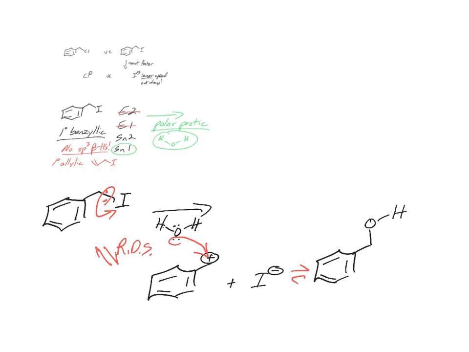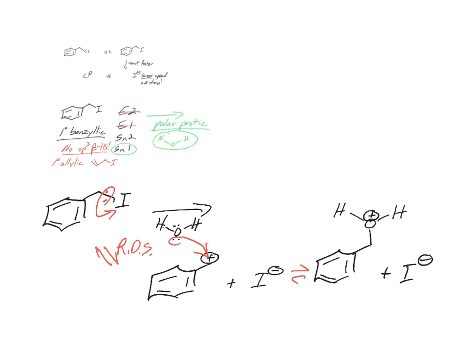I need, of course, to balance my charge. Something I constantly see: people forget to put the plus charge on that oxygen. Balance thy charges. Last step, we need to get this hydrogen-oxygen bond broken. I can use the I minus, or I could use more water. It doesn't matter which one you want to do.